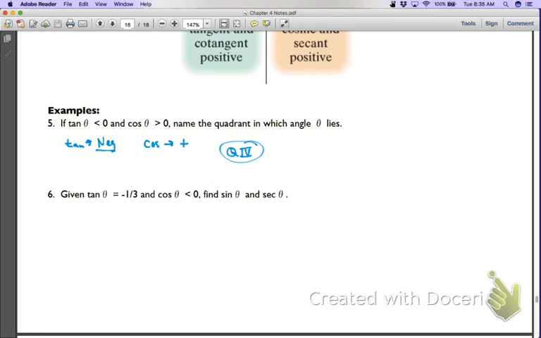Now on 6, where it says tangent of theta is equal to negative 1/3, that means either cosine or sine has to be negative. Remember that tangent of theta is sine over cosine.